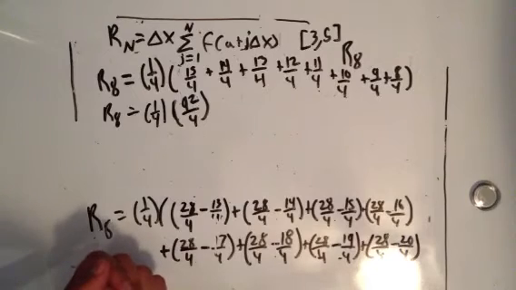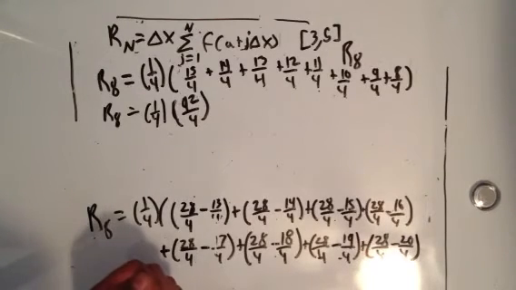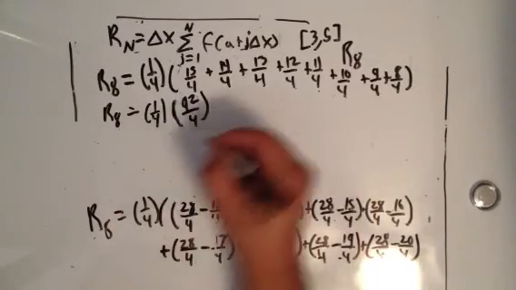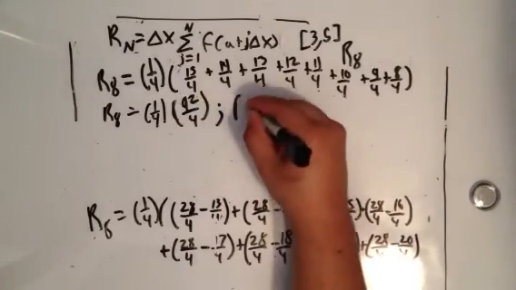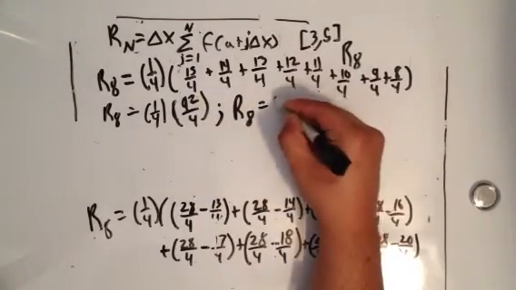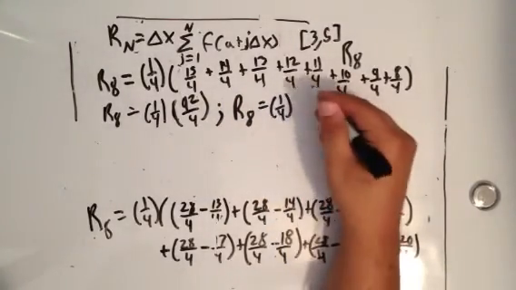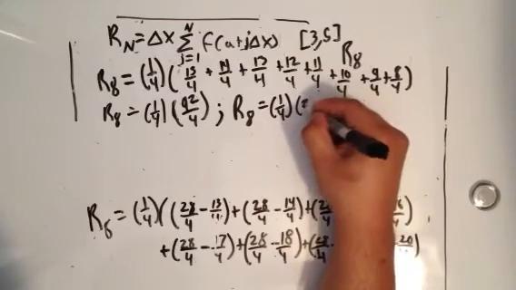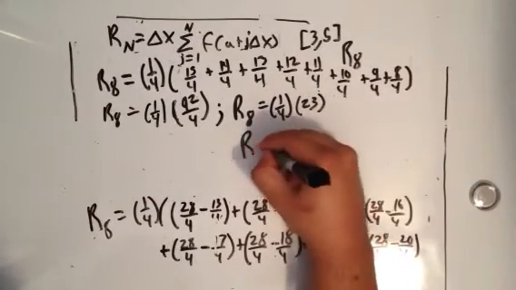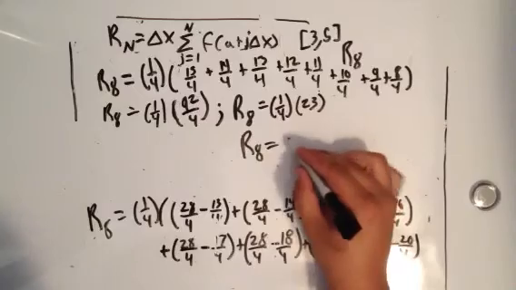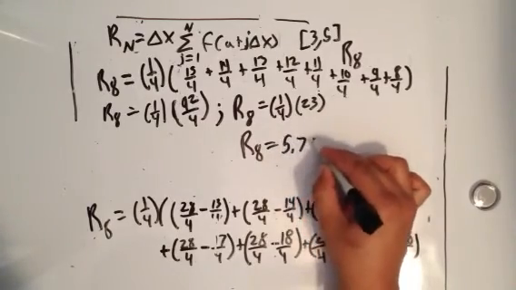And then 92 over 4 is going to equal, so R of 8 is equal to 1/4 times 23, and then R of 8 is equal to 5.75.